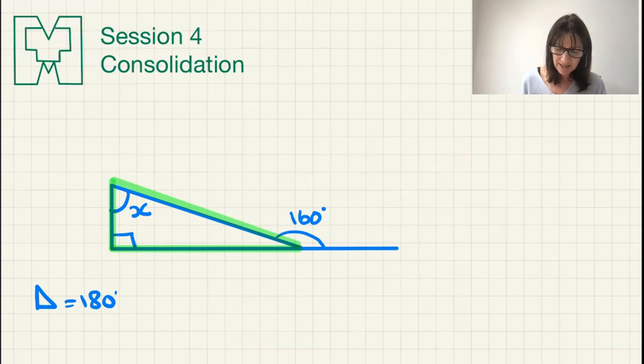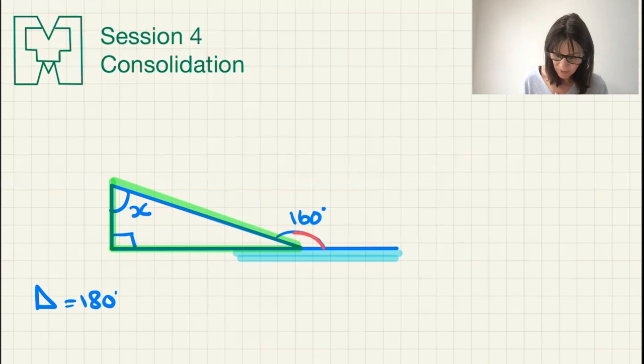I can also see this 160 and it's outside the triangle. It's not actually in it. And it's hitting this line here. So I've also got a straight line being shared with the triangle. That's the straight line. And obviously I know that angles on a straight line add up to 180.